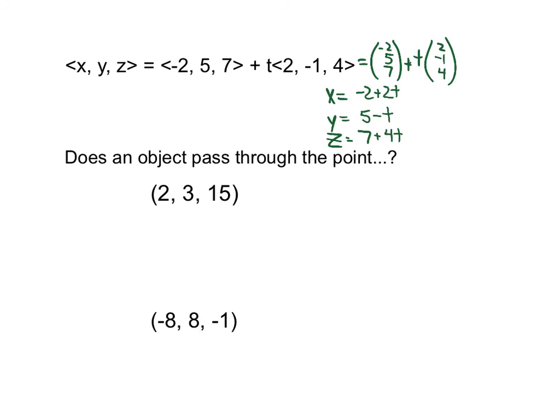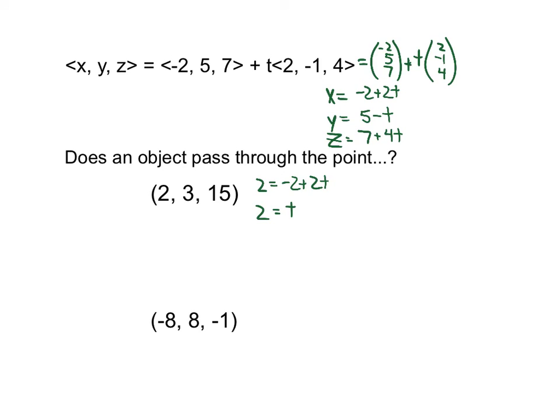2 equals negative 2 plus 2t. Okay, if you solve this, you'll get t equals what? You add 2, you get 4. 4 divided by 2 would be 2. Okay?